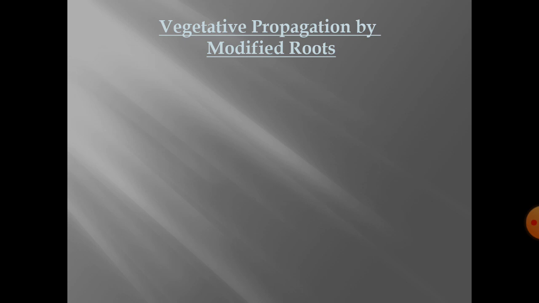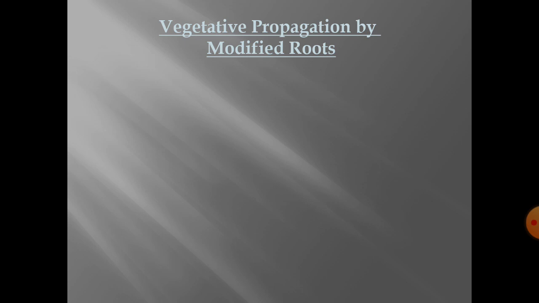If a root performs some additional functions other than normal, the root is called modified. Dear students, in lower classes, you must have studied that roots perform two normal functions. Number one, anchorage, and number two, absorption.